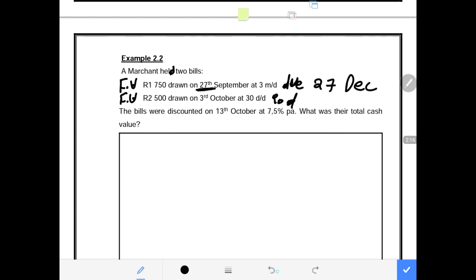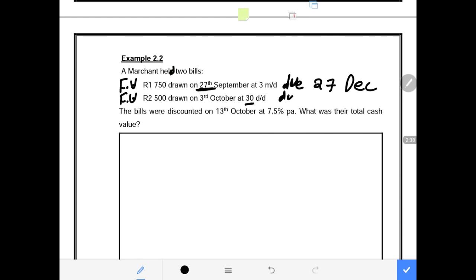So this bill is due 30 days from the date it was drawn. We need to know how many days will be unexpired when the bill gets discounted, and at the same time we also need to know the due date of the bill.